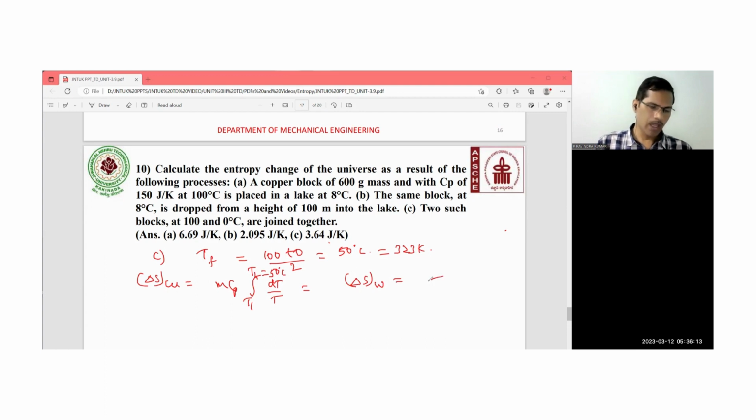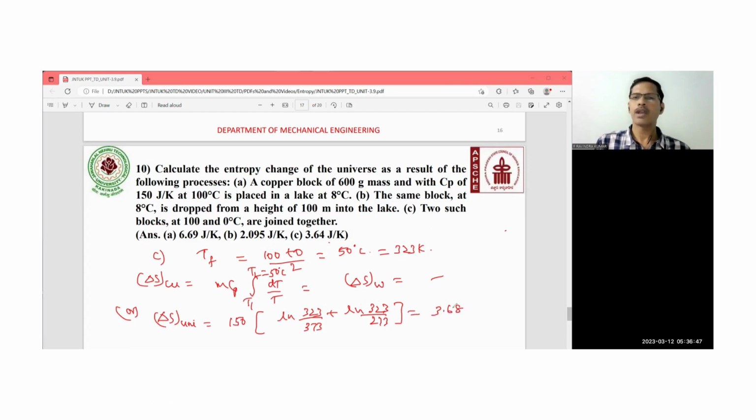And the second one is the change in entropy of the water. So this also you have to carry out. In other words, you can also carry out the change in entropy of the universe, which is equal to the specific heat, which is constant, times ln 323 divided by 373 plus ln 323 for water by 273, and this is equal to 3.68638, that is 3.64 joule per Kelvin.